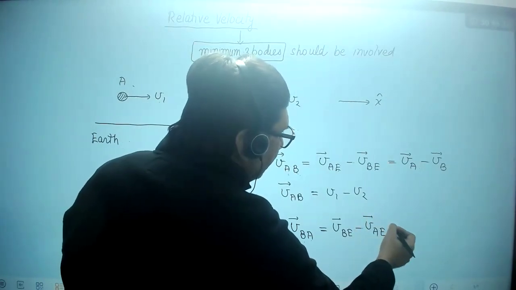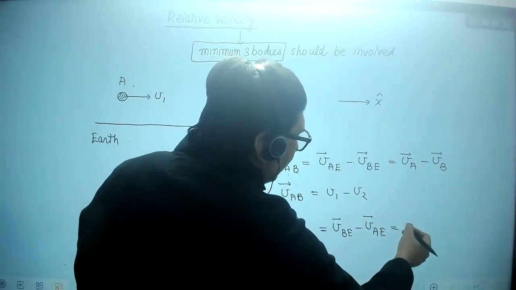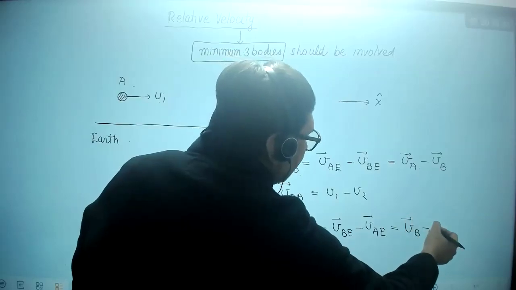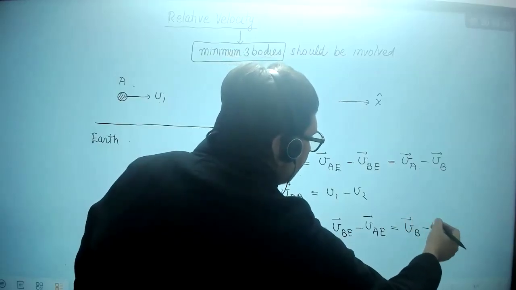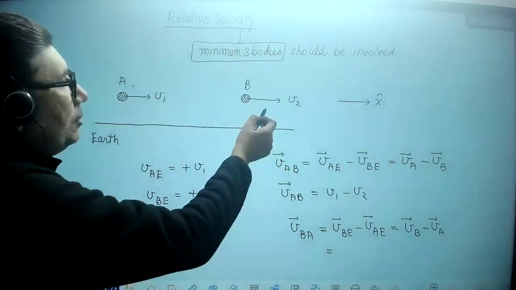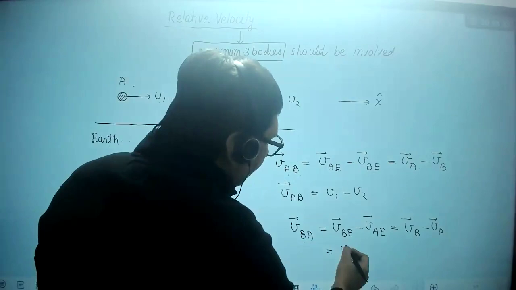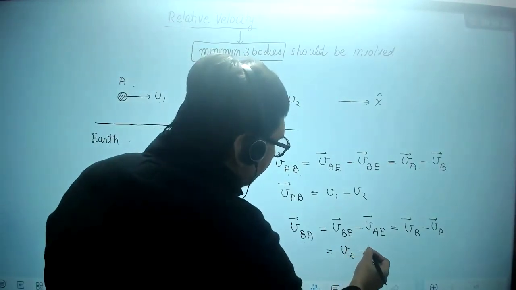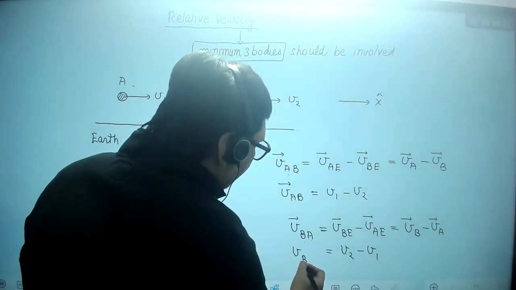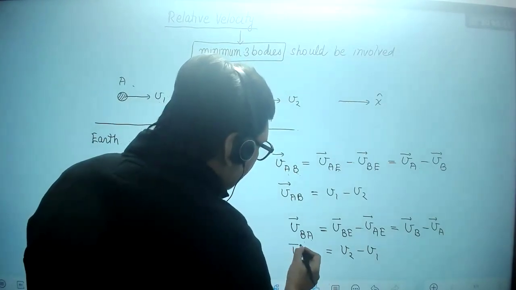In books you will find they write it like this, VB minus VA. What is VB? VB is V2, so it is V2 minus V1. So this is the velocity of B with respect to A.